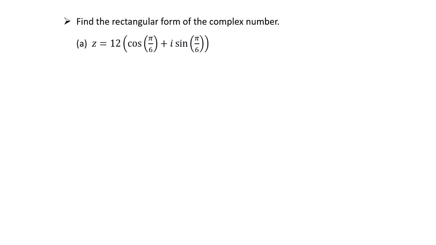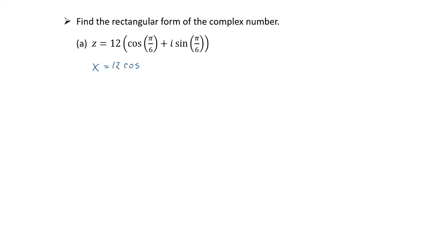Find the rectangular form of the complex number. Z equals 12 times cosine pi over 6 plus i sine pi over 6. So I know that x is r cosine theta. My r is 12.